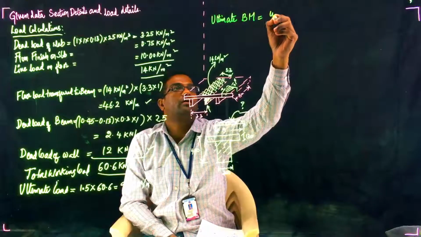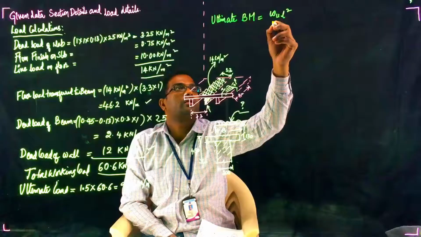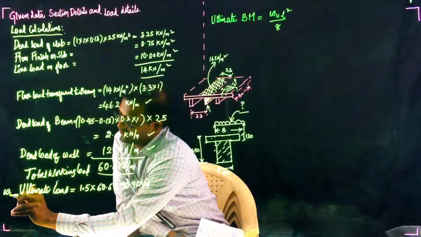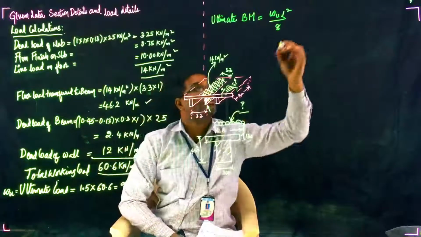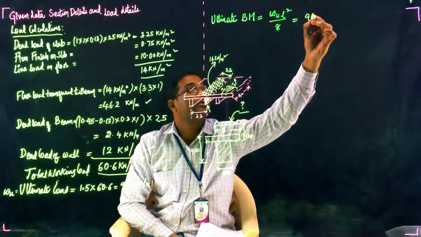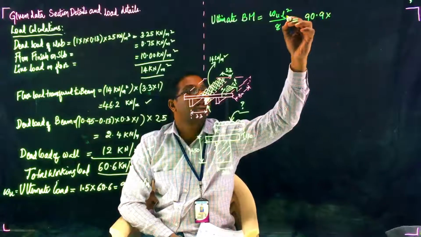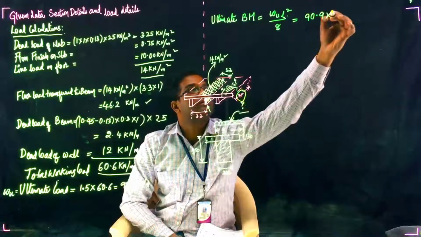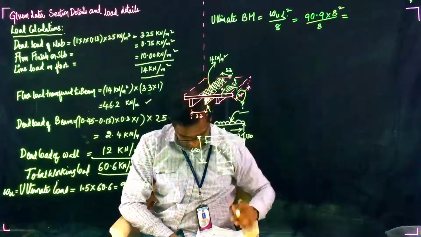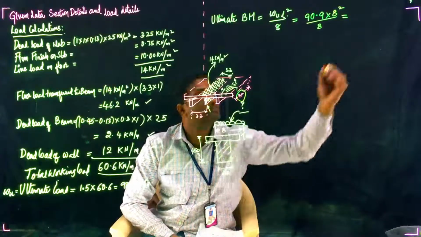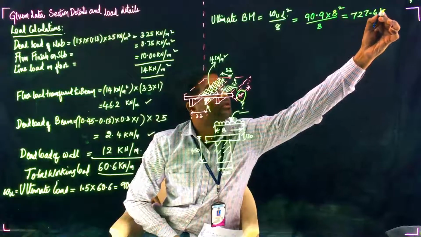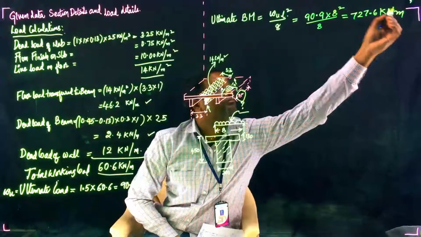That is given by WL square by 8. So W is the ultimate load, so Wu is given as 90.9 into span, which is 8, divided by 8, and this value will be 727.6 kilonewton meter.